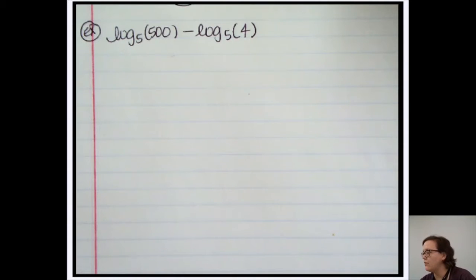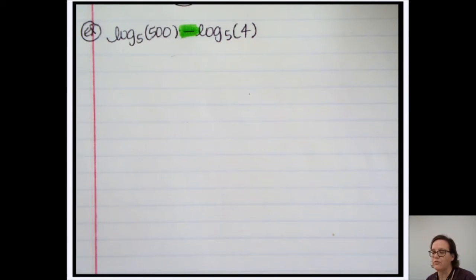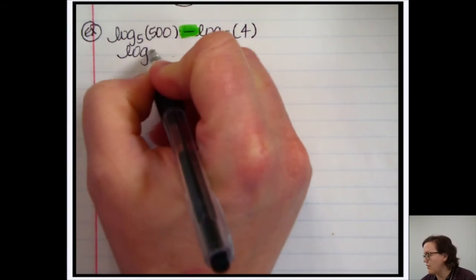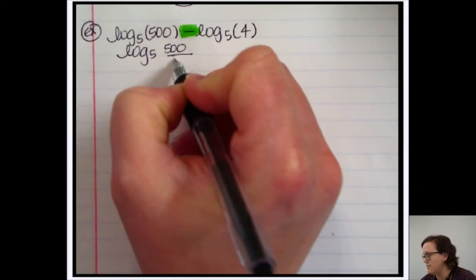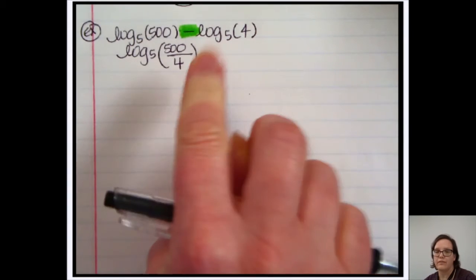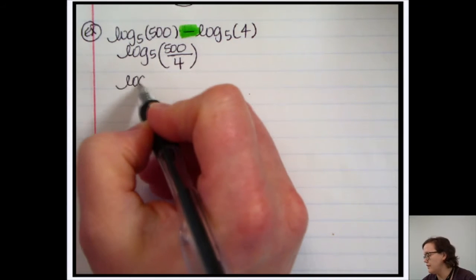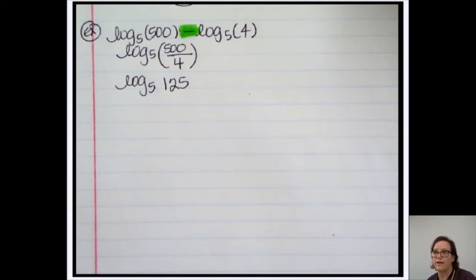So we are looking for a sign here, and what we have is a subtraction. Subtraction goes with division. So we take log base 5 of 500 and we divide it by 4. We have 500 divided by 4, and using our calculator, that's fine, we get 125.